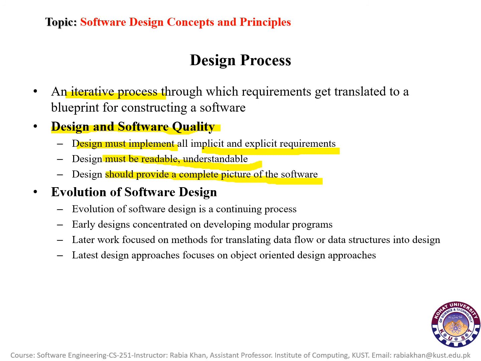Now, how did software design evolve? Evolution of software design. The evolution of software design is a continuing process that has spanned the past 4 decades. Early design work focused on the criteria for developing modular programs. So previously, when software design evolved, the focus was more on designing modular programs.